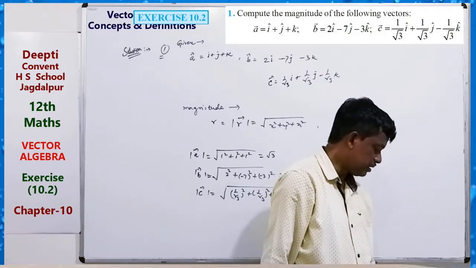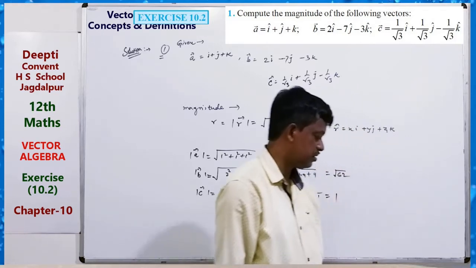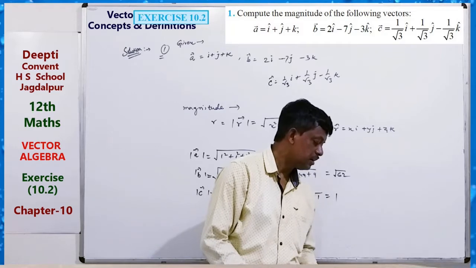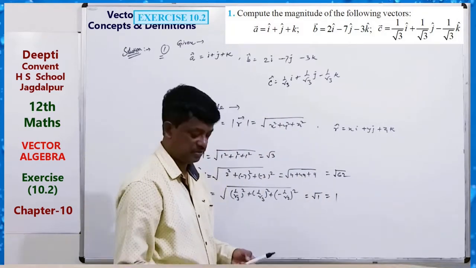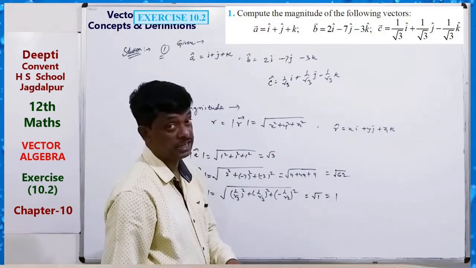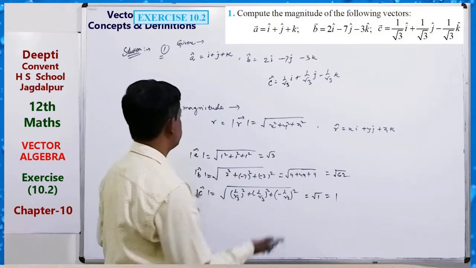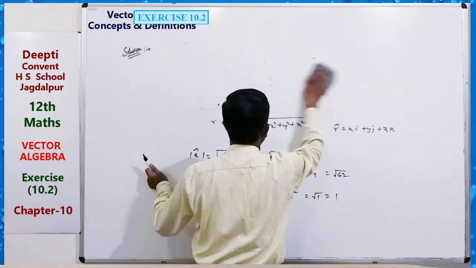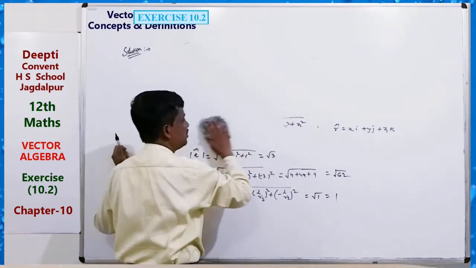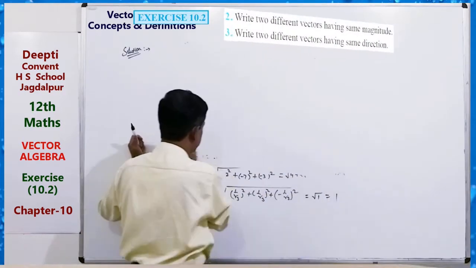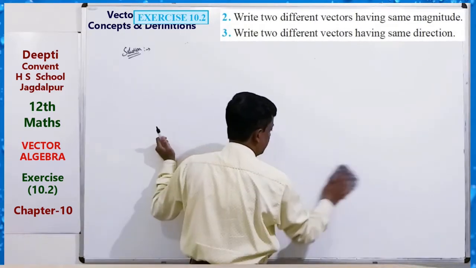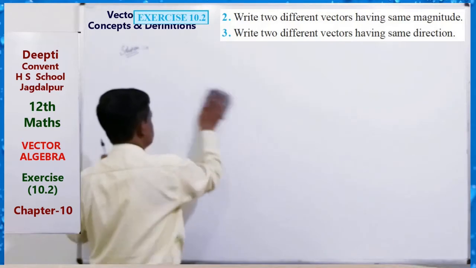Write two different vectors having same magnitude. That means, how can we write two different vectors?